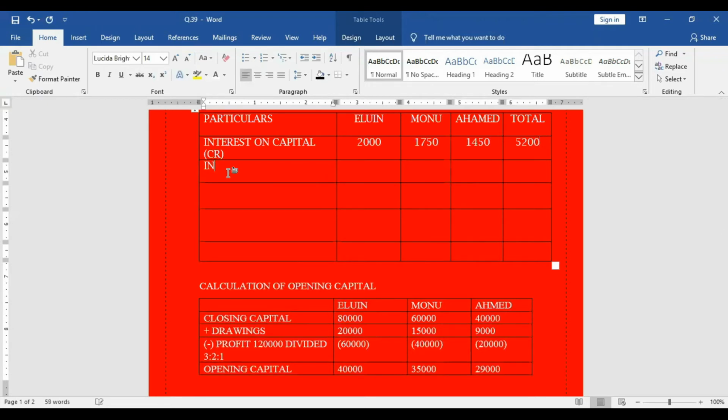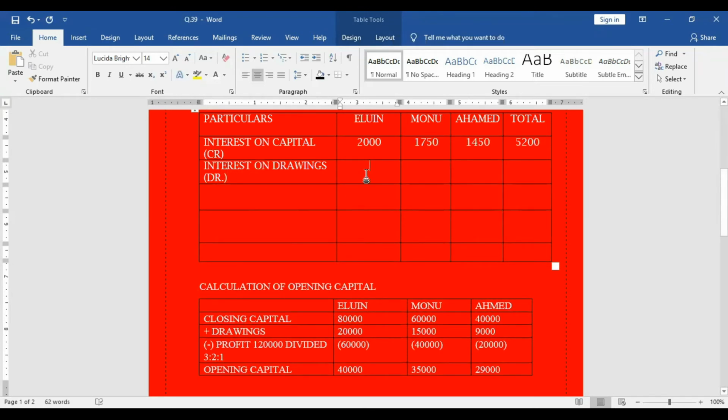And interest on drawing was omitted. Therefore in the partner capital there is a short debit, so we have to debit it. They have given the amount, so we have to enter the amount; no need to calculate.